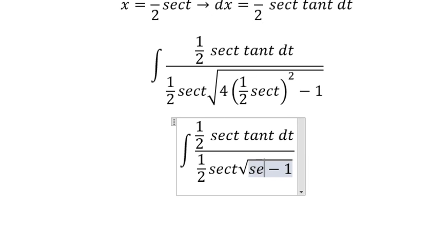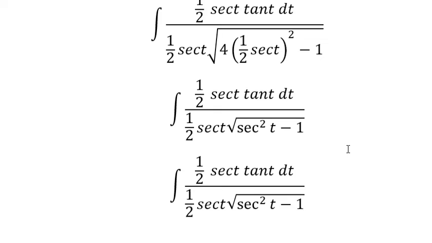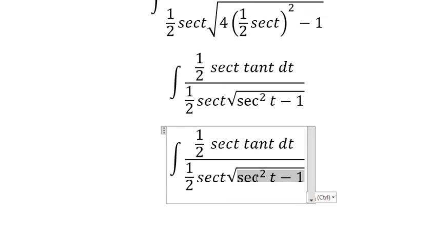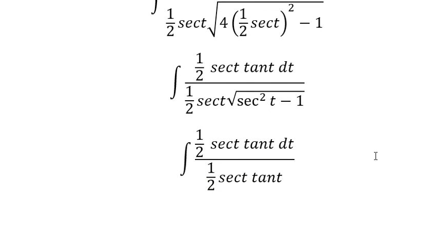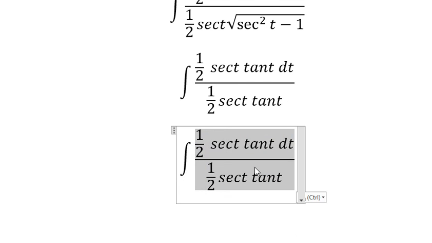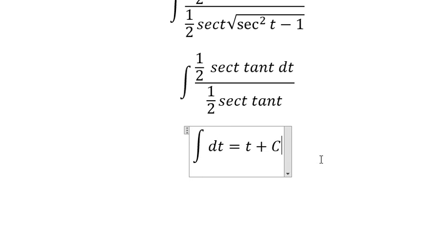And you get secant of t squared. This one you get tan t squared. The square root of this one you get tan t. Now we need to simplify and you get dt. The integration of this one you get t, and we put c.